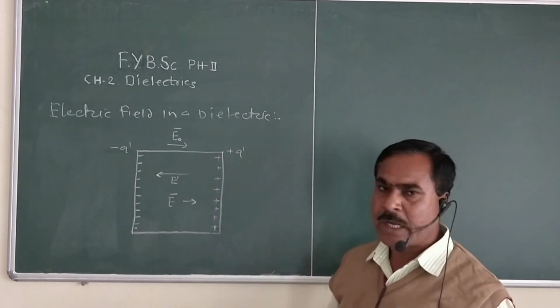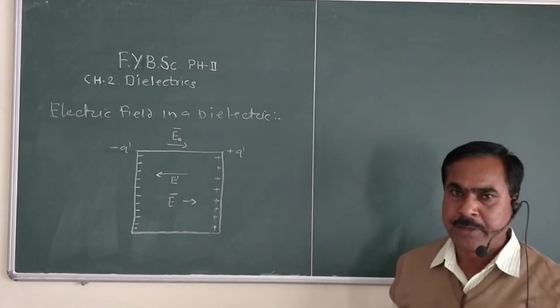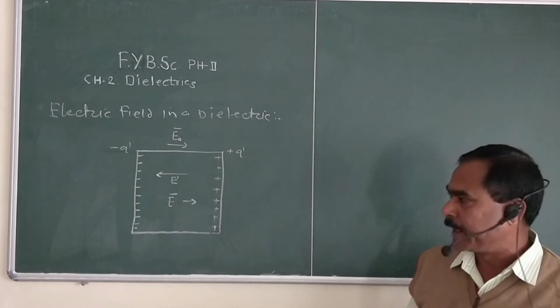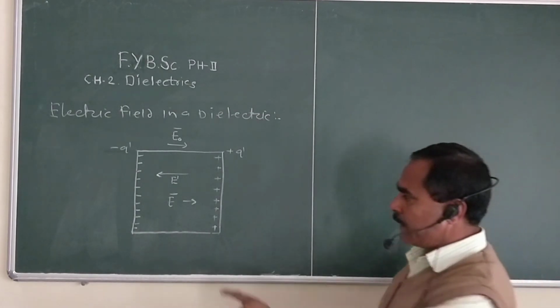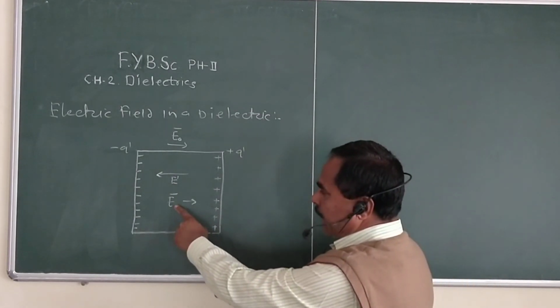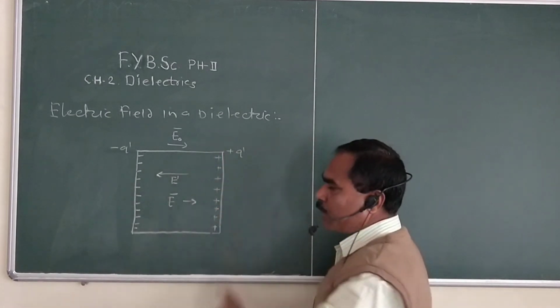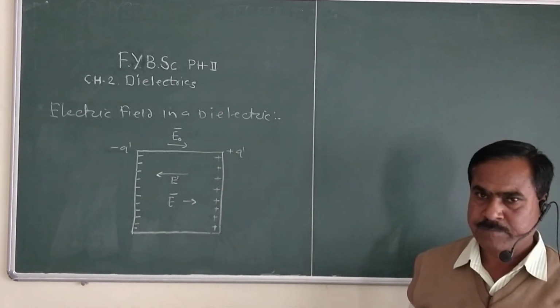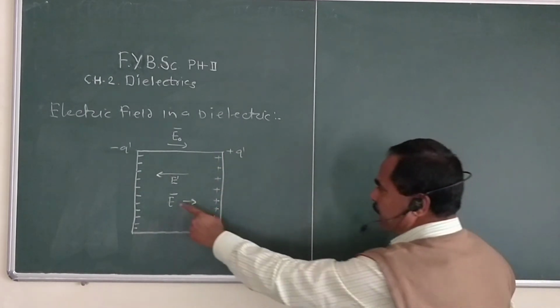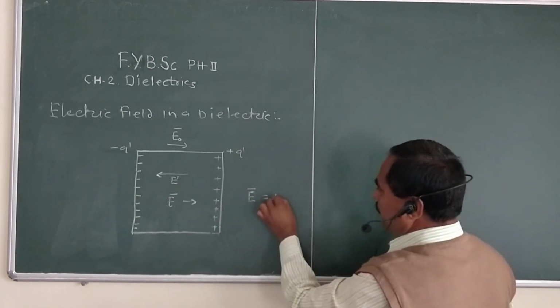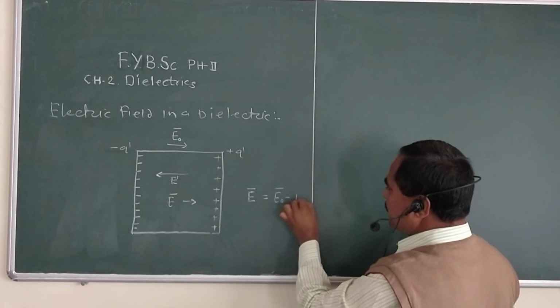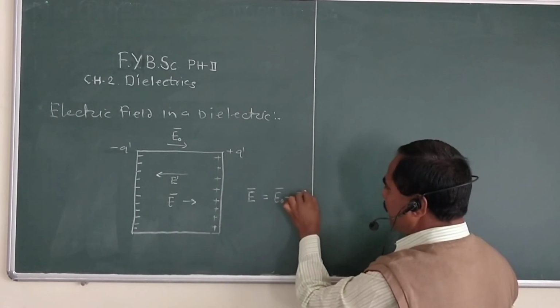Okay, then we have to calculate the resultant electric field within the dielectric material, and the resultant electric field is shown here as E bar, and it is directed in the same direction as the applied field. Okay, so we write here E bar equal to E naught bar minus E dash bar.